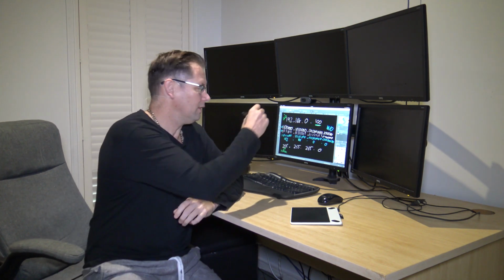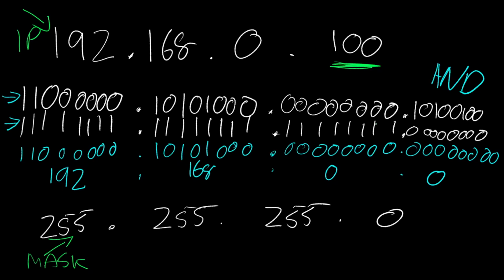Now, if it has to send to something that doesn't fall within the range of its network, it knows it has to go through a router. So the range of this network goes from .0 would be the minimum, and 255 would be the maximum. Now, we can't actually use 0 and 255 because 0 is, as I've just shown, the actual network address.